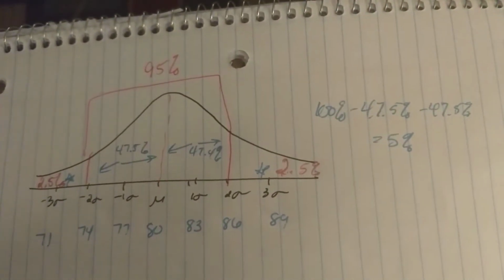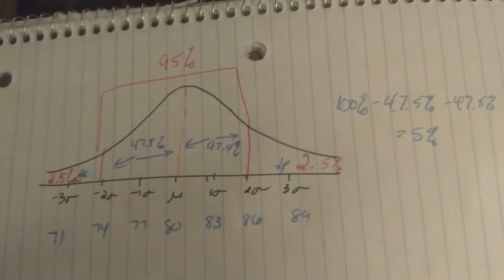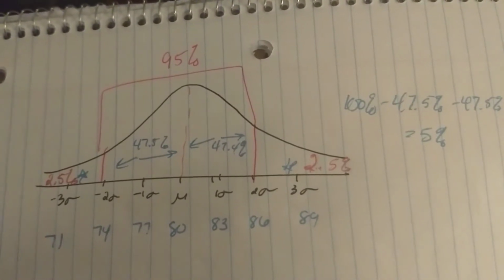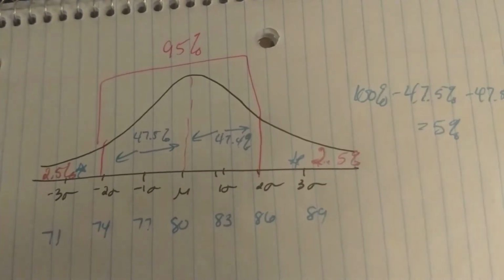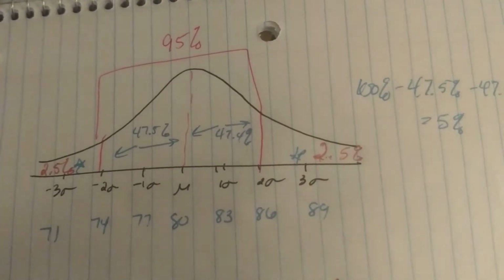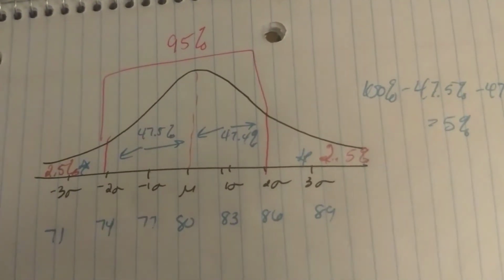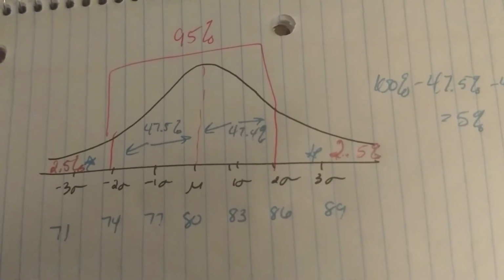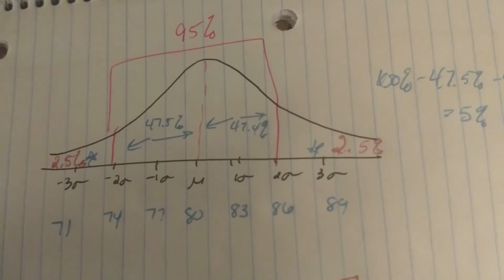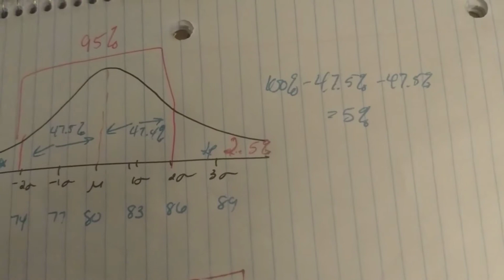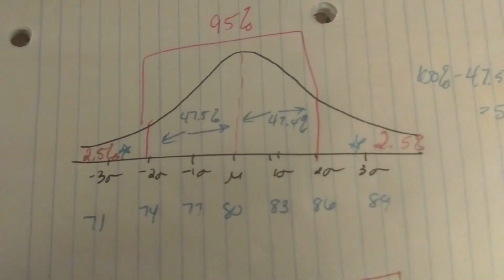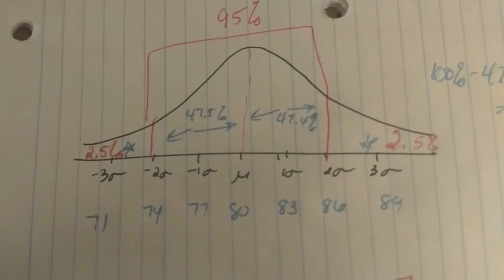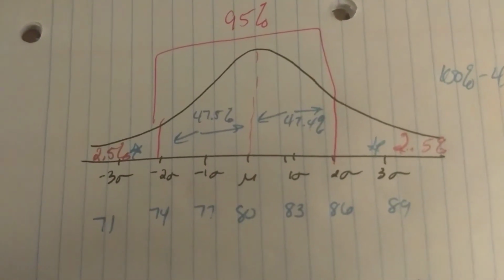If we take that 95% and divide by 2, that means there's 47.5% between the mean and positive 2 standard deviations, and 47.5% of the data between the mean and going down 2 standard deviations. If we take 100% minus 95, we have 5% left, and that's between the two ends on the stars, so that's 2.5% on each end.